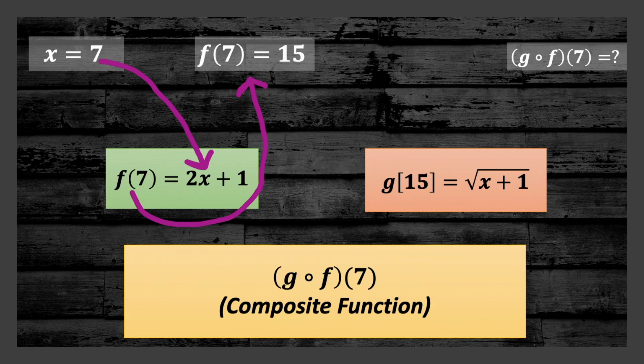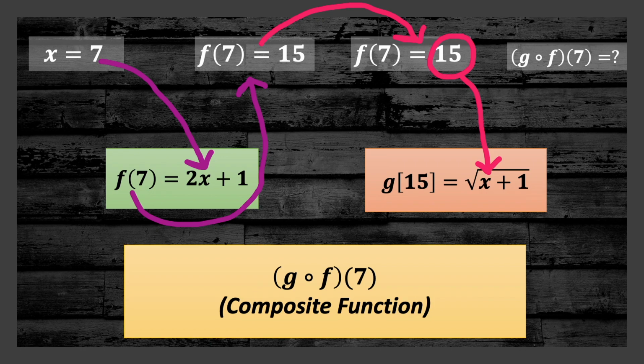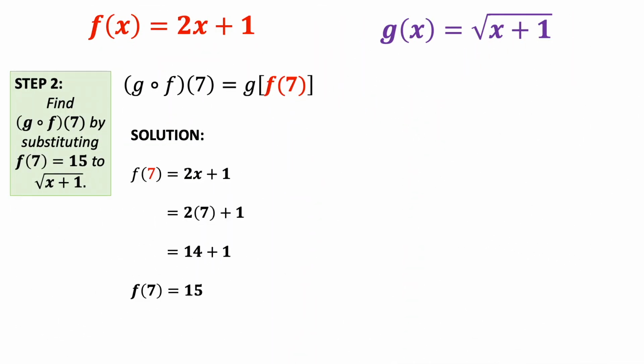Now, in step 2, we will use 15 as the input for the second equation g of x to solve for the value of g of 15, which is also the value of g circle f of 7. Let's perform the step 2.